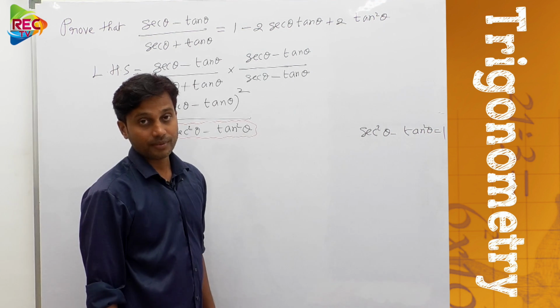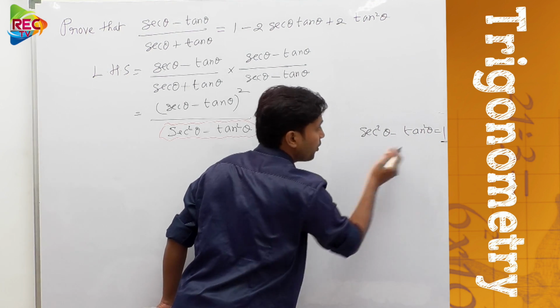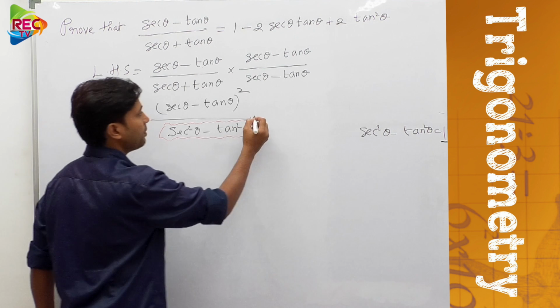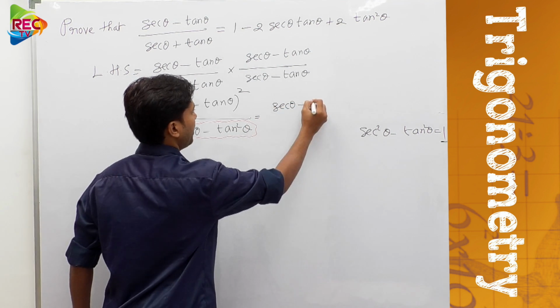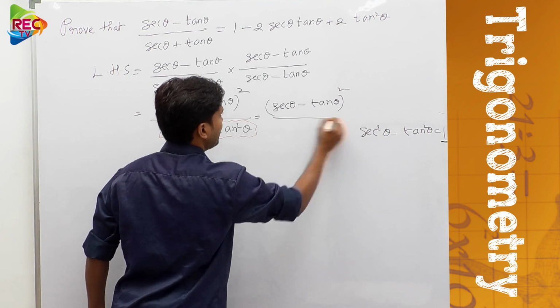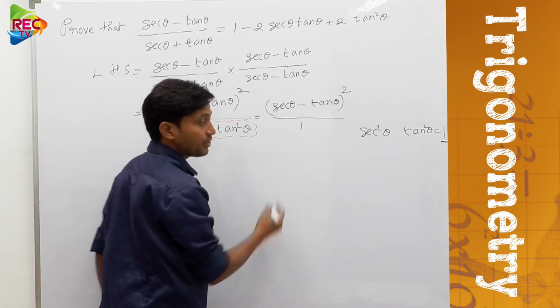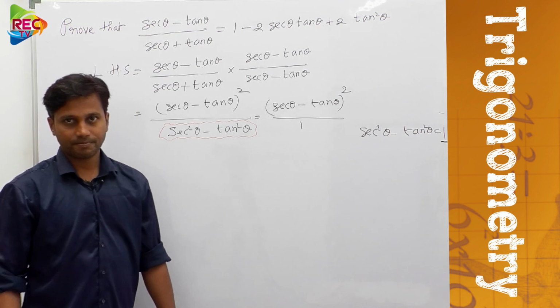Is that right or not? Yes. So secant square theta minus tan square theta value would be 1 for all values of theta. So therefore we can put 1 in the denominator part. Exactly. So secant theta minus tan theta whole square upon 1, as we said before, according to this identity, right?